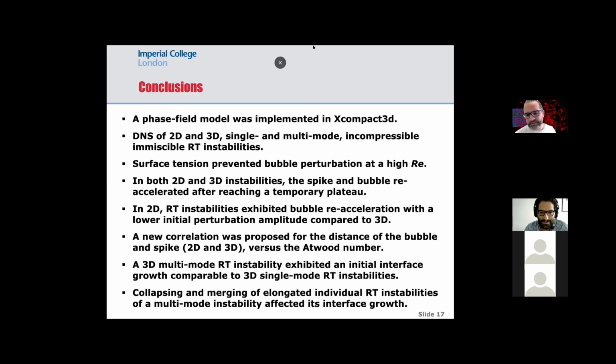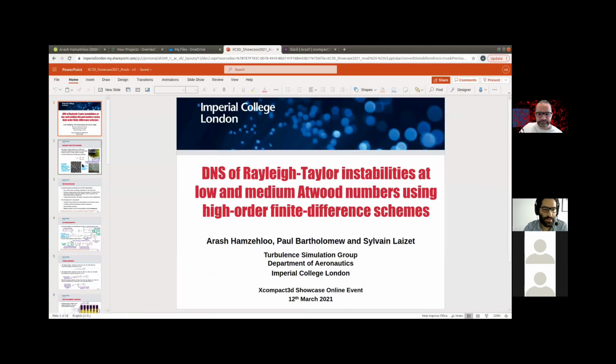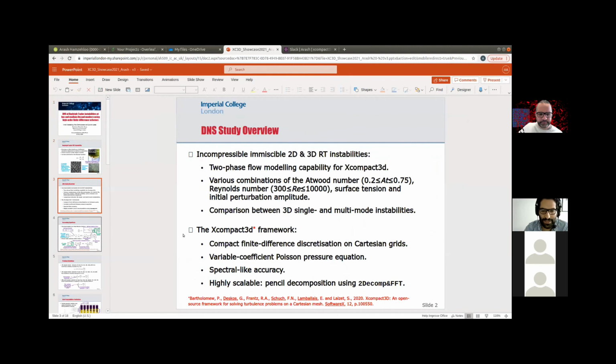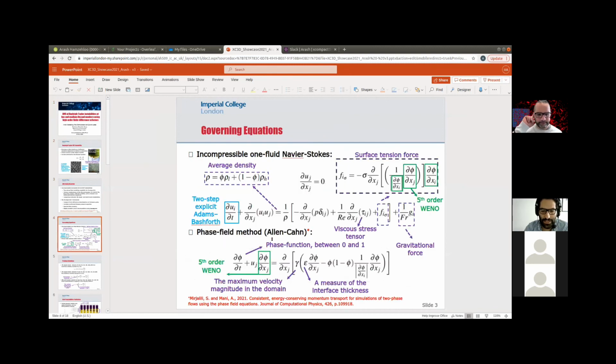The first question is, can you tell us again what method is used for the interface reconstruction? Okay, we didn't actually reconstruct the interface, and as I mentioned here, it is a diffuse interface approach based on the phase field method.